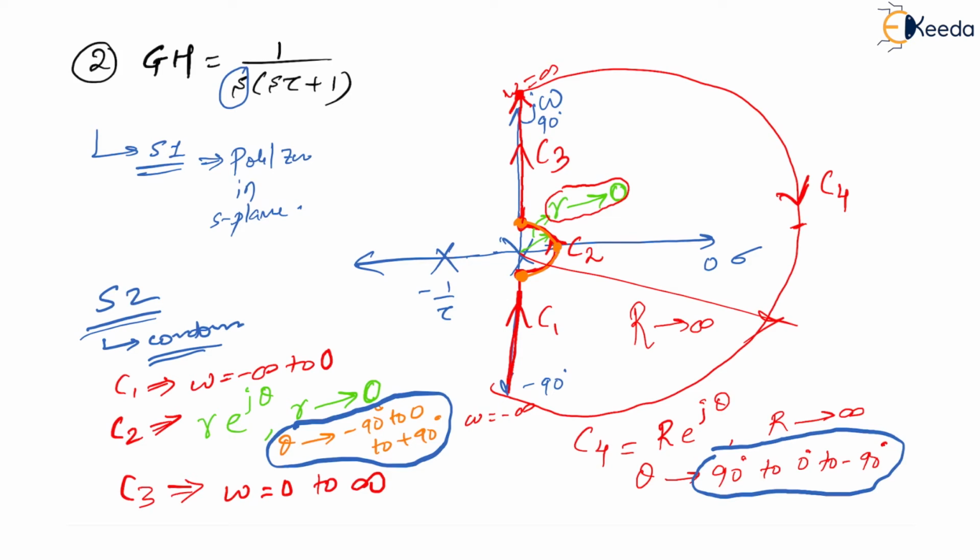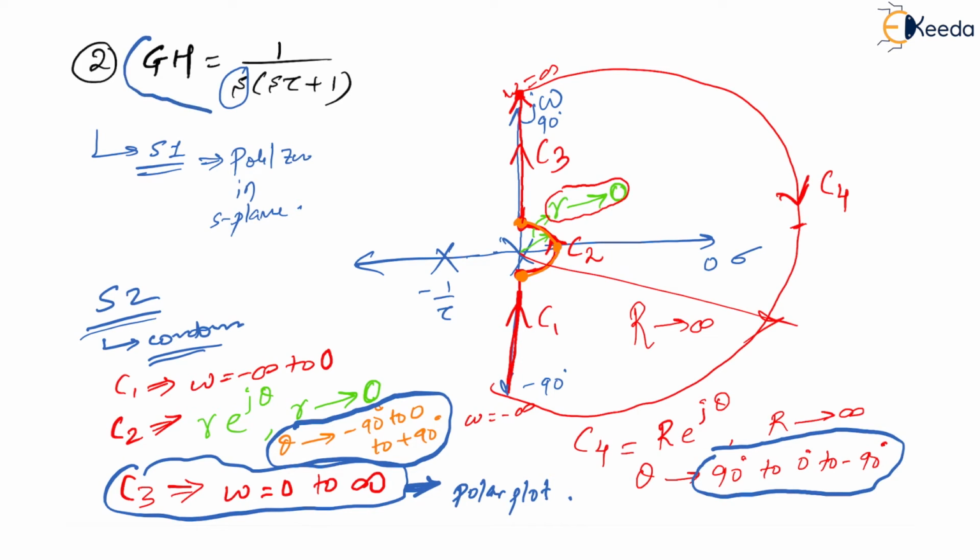Now next, let us see how to map all these from the S plane to the GH plane. Your C3 contour is from omega equal to 0 to infinity, which is nothing but the polar plot. So let me draw the polar plot.